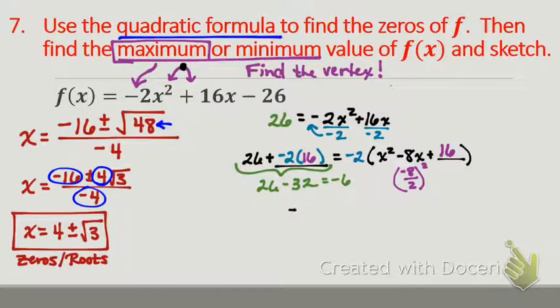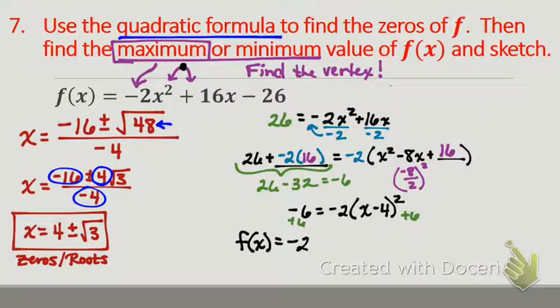So I'm going to have negative 6 equals negative 2, and then what does this look like? X minus 4 squared. So putting it back in function notation, I'm going to kick that 6 back to the other side. That's my k value.